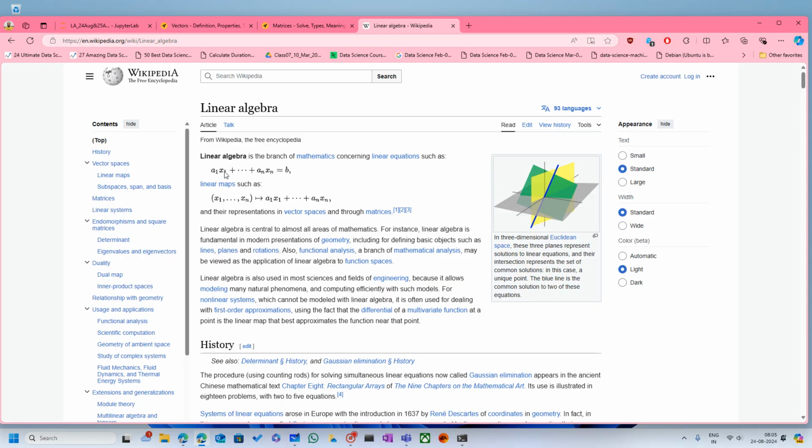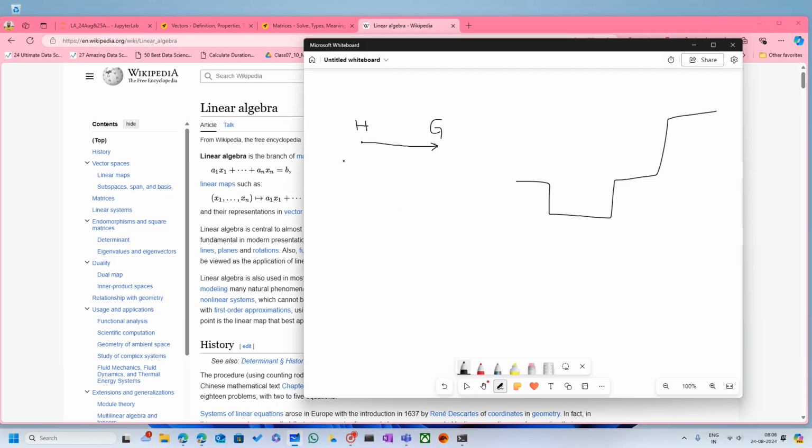Now in a linear equation you're dealing with individual terms, a1 x1, up to an xn. You have to understand what each term is to understand what a linear equation is. So if you walk from your home, let's just say you walk for 1 kilometer. What it means is, you have covered 1 kilometer by taking one step at a time.